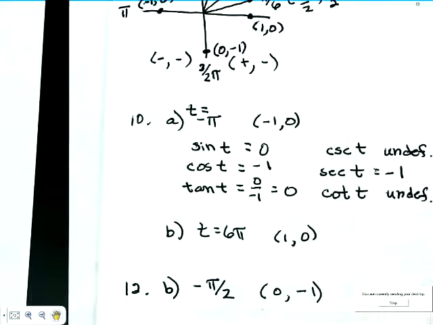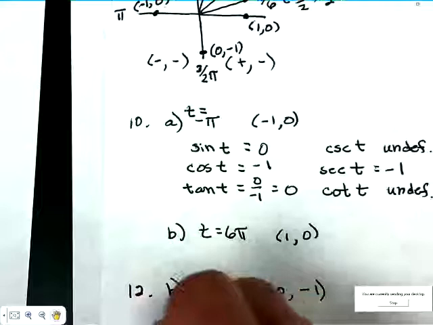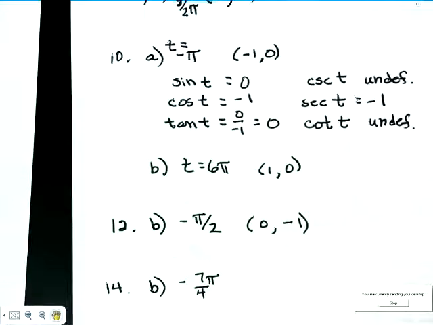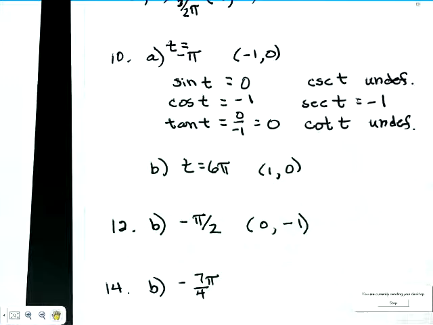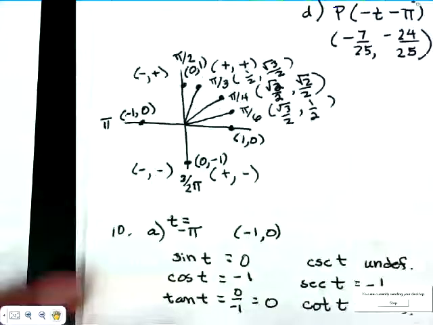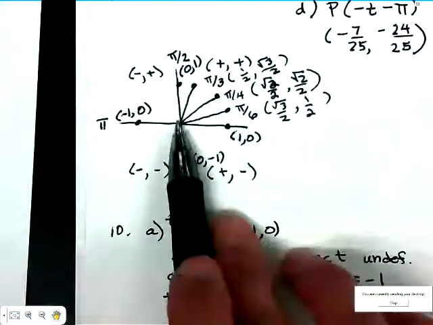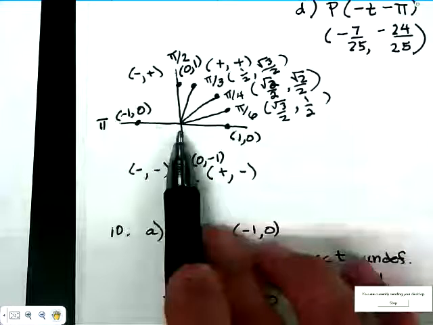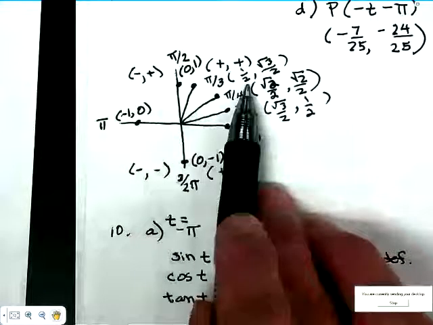What about 14b? -7 quarter pies. Just count by your quarter pies in the clockwise direction until you get to 7, and tell me in what quadrant that would be. Here's -1/4, 2/4, 3/4, 4/4, 5/4, 6/4, 7/4.